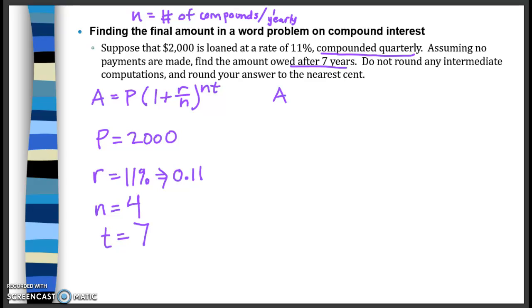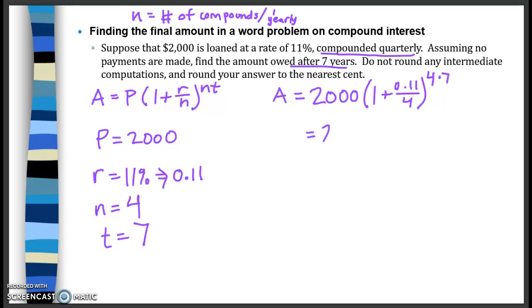So we take our equation A equals, this is the amount we're going to owe, P, or 2,000, times 1 plus r, which is 0.11, over n, which is 4, raised to the n times t power.